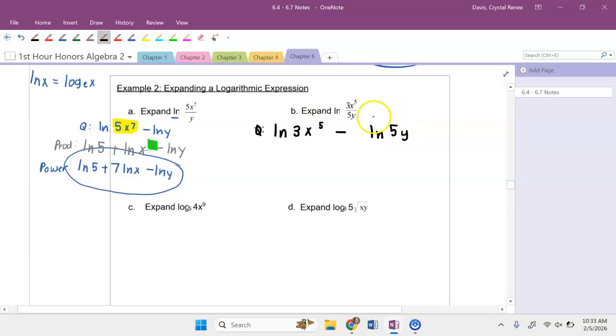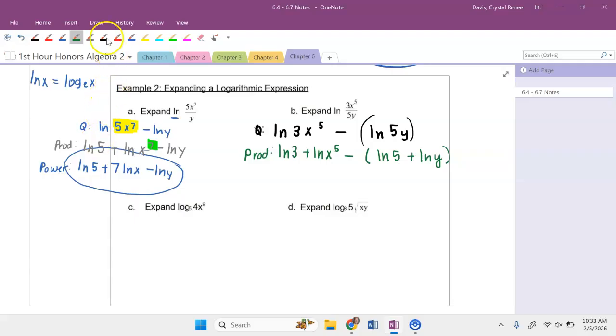Now I'm going to put this in parentheses and you'll see why in a minute. We'll notice here we can use the product property a couple times, because we can break this up. Natural log of 3 plus natural log of x to the 5th minus, and this can become natural log of 5 plus natural log of y.